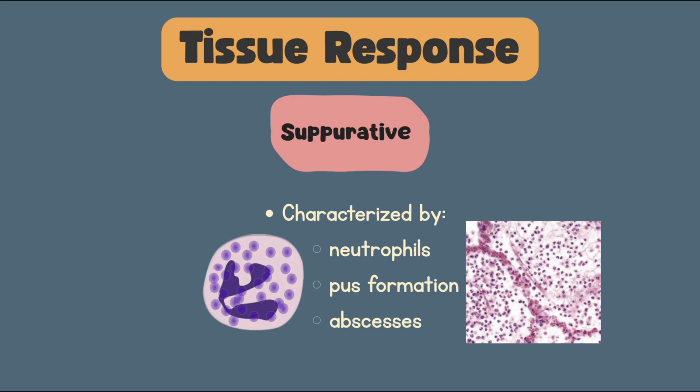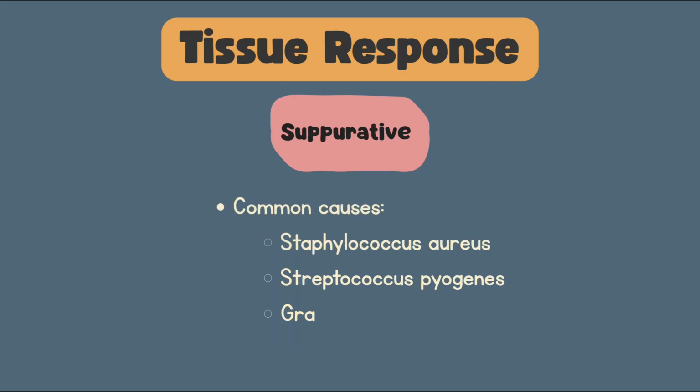This pattern is typically caused by pyogenic bacteria, which are bacteria that produce pus. Common examples of bacteria that cause this response in our tissue are Staphylococcus aureus, Streptococcus pyogenes, and gram-negative rods.